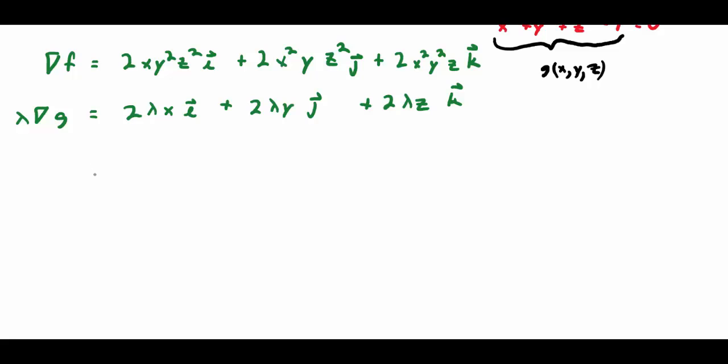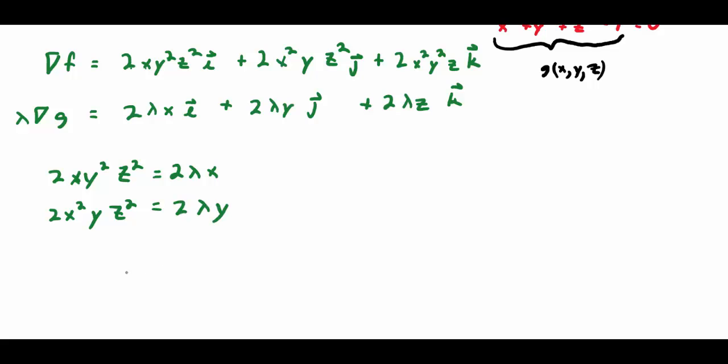So we get the equations 2x y squared z squared equals 2 lambda x. Would you agree with that statement? Okay, and then what's the next one? 2x squared y z squared equals what? 2 lambda y.